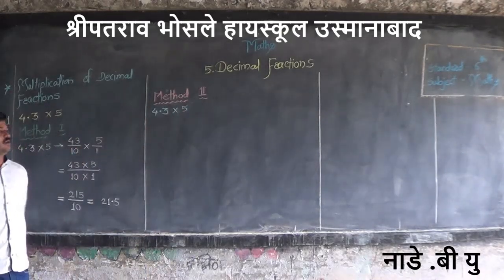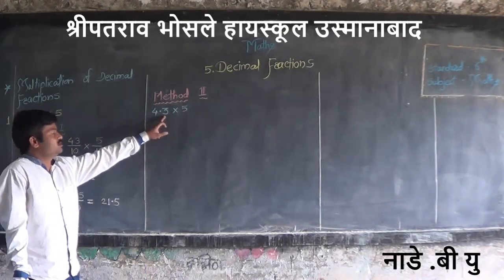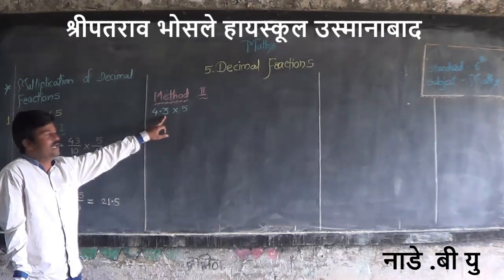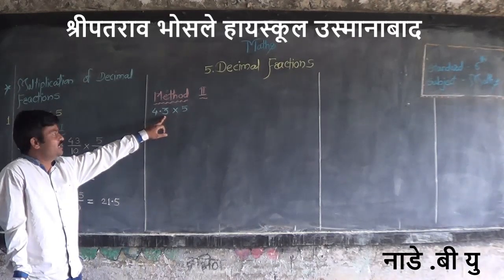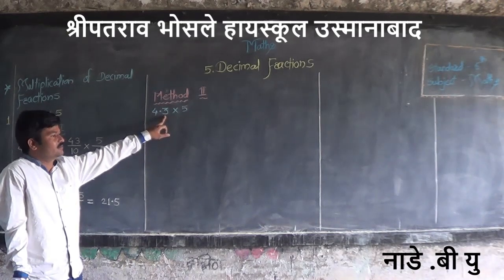Here the fraction is 3, and it is placed in the tenths place, hence its denominator is 10.